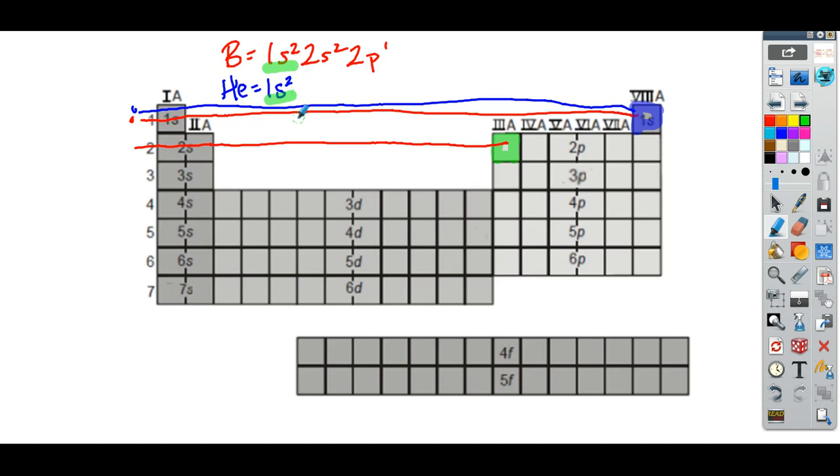And so what we're going to do is instead of writing out the first part of boron's configuration, we can just put helium in brackets and pick up where helium leaves off. 2s2, 2p1. Boom. So, although it doesn't shorten things too much for us with boron, you'll see the power of this type of notation as we move through some elements that have more electrons.